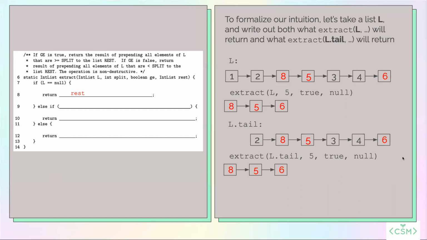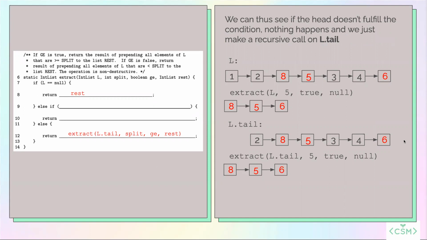And then if we're given L.tail, which is basically L with the first element cut off, and we call extract on L.tail, it will still give us the same exact answer. This tells us that if the first element doesn't fulfill this condition, we just want to ignore it and return whatever our recursive call is.